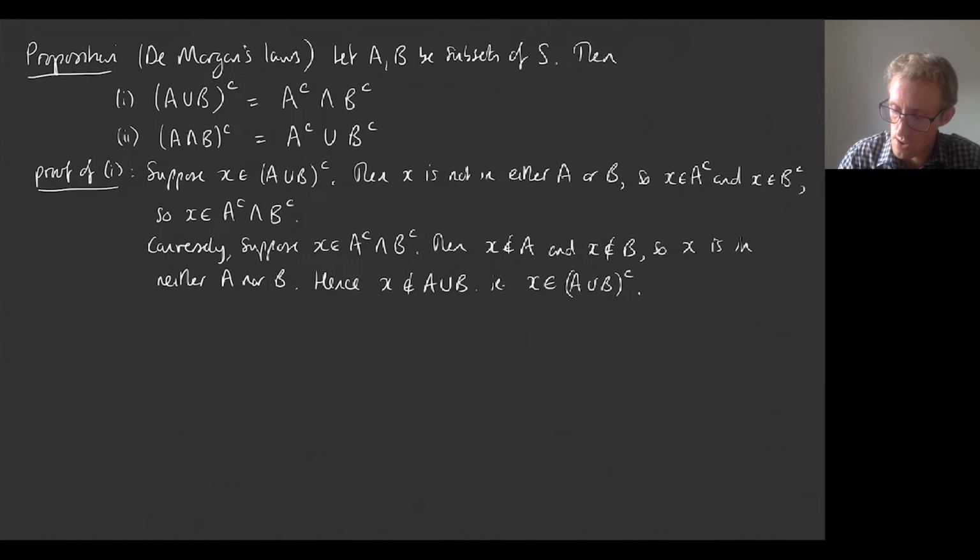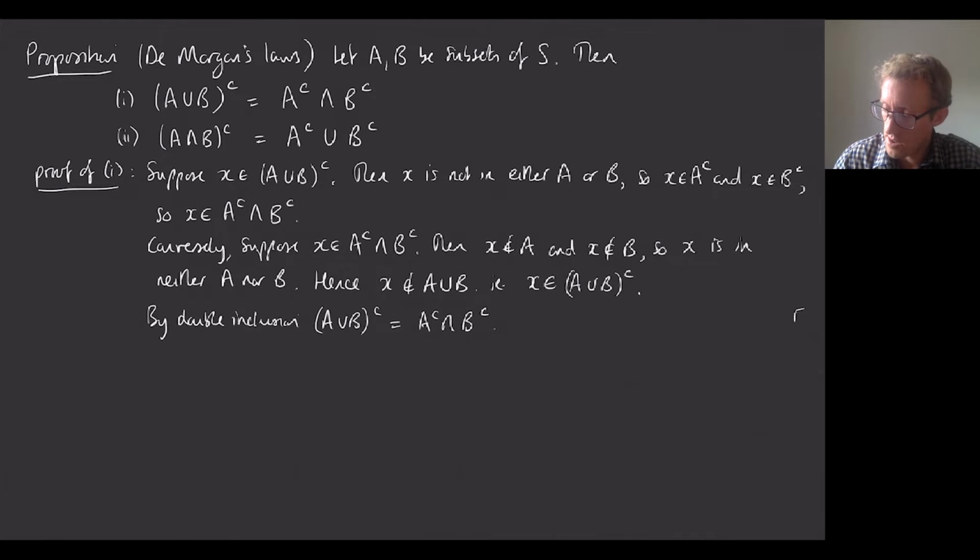So I'm just going to conclude then by saying, by double inclusion, the left-hand side A union B complement is the same as the right-hand side A complement intersect B complement.